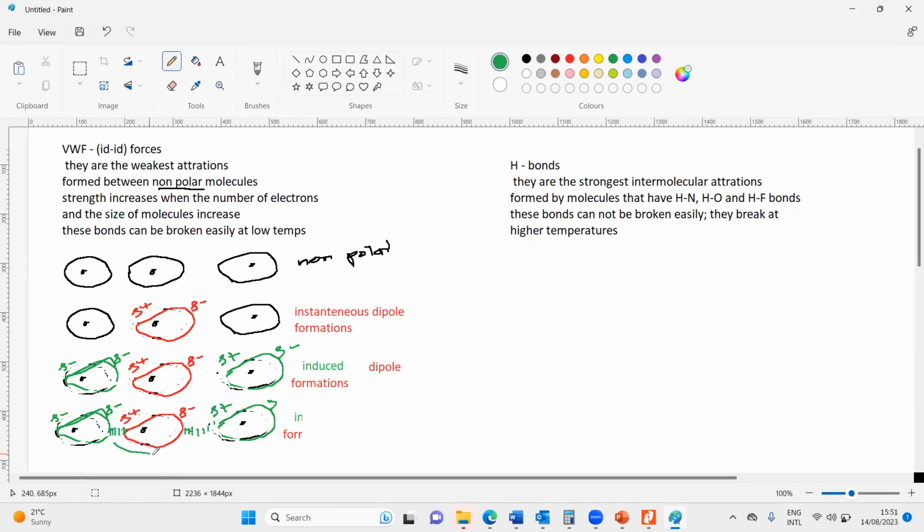Actually, these are the attractive forces named van der Waals forces. In other words, ID forces. You can take a picture of it. You can take a snapshot of this.